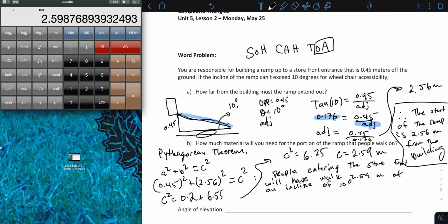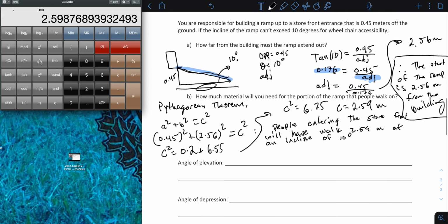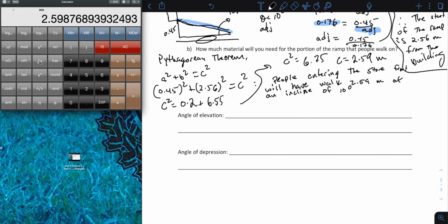Now, one final thing before we're done here. I just want to define the angle of elevation and the angle of depression. So the angle of elevation is going to be the angle measured upwards from the horizontal, and this will make more sense when we actually start doing some questions.